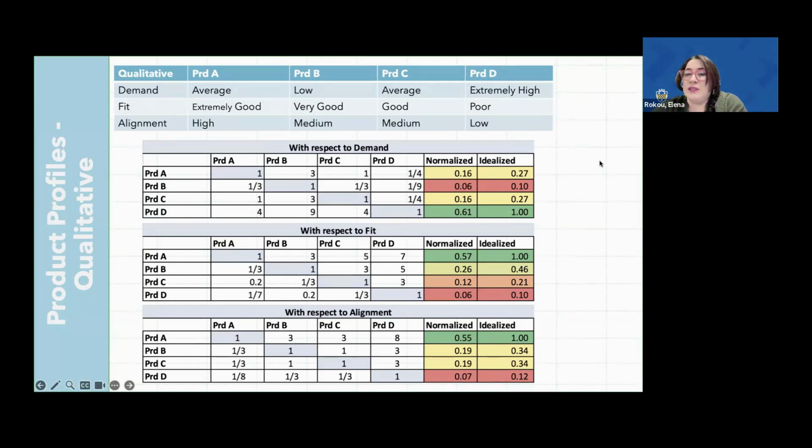With respect to fit, product A is the first product that the company was set up around. That's why it has the best fit. The company is product A. Product B was added early on, and it's really in the same family of products, while C, and even more so D, don't fit very well because they are the newest products.